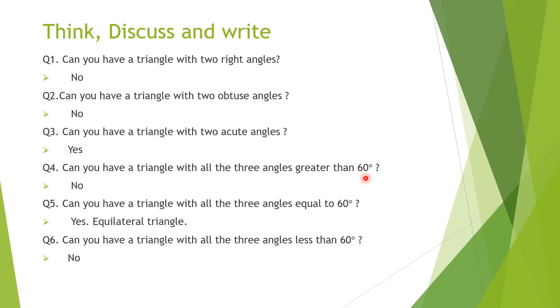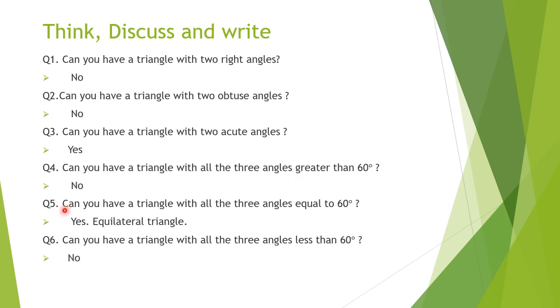If you get the answer no, our answer will be no. So the angles I said to take were 70, 80, 90. 70 plus 80 is 150. 150 plus 90 is 240. So is 240 possible as a measurement of a triangle? Never. Not possible. So the sum of our three angles should be 180 degrees. So the answer is no. Take any example and verify.